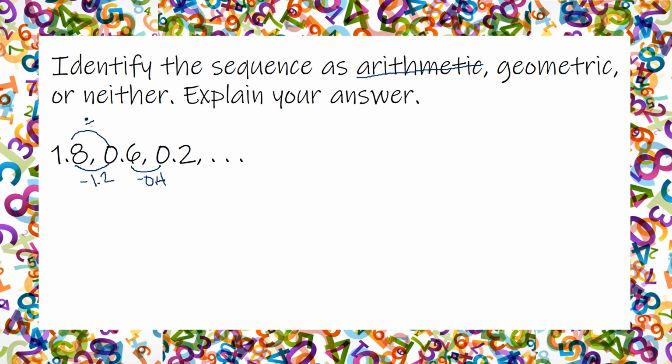That's dividing by 3. Ooh, 0.6 to 0.2. That's dividing by 3. Because we are dividing by the same thing each time, that is geometric, because it has a common ratio. A common ratio.